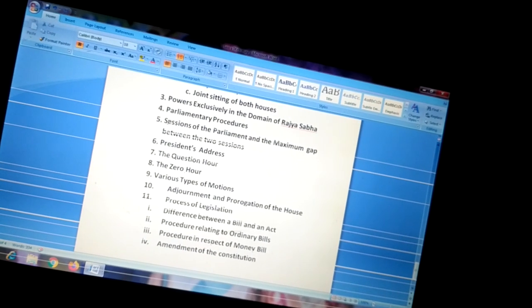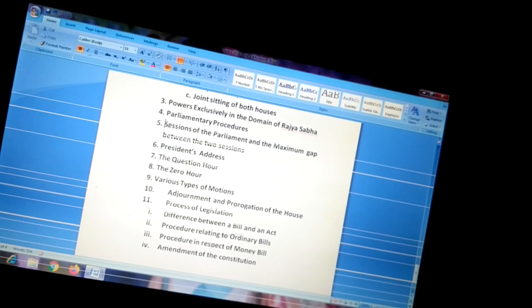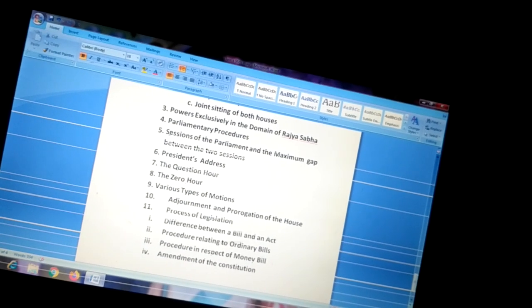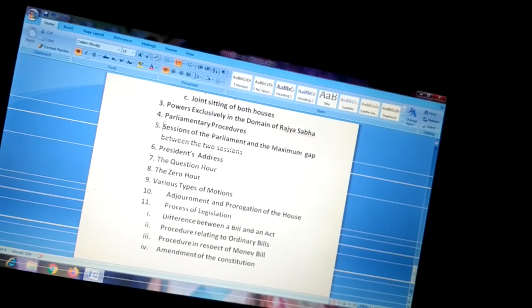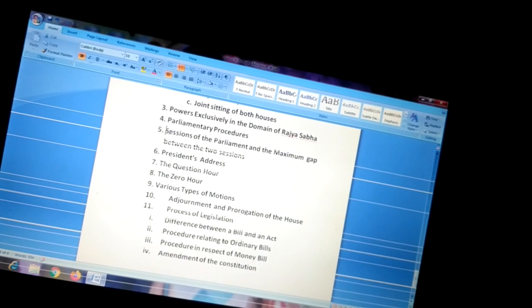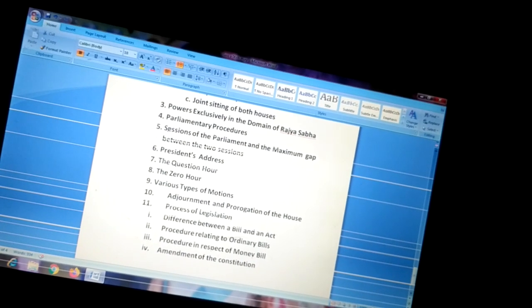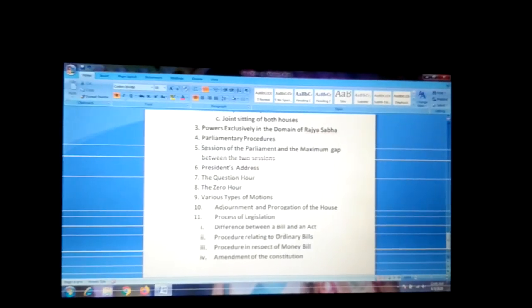And Chief Justice S.M. Sikri mentioned the basic features of constitution. What are they? Republican and democratic form of the government, secular character of the constitution, and federal character of the constitution.